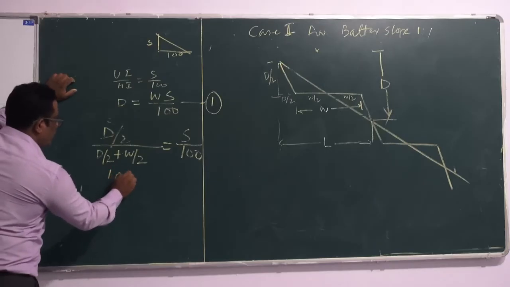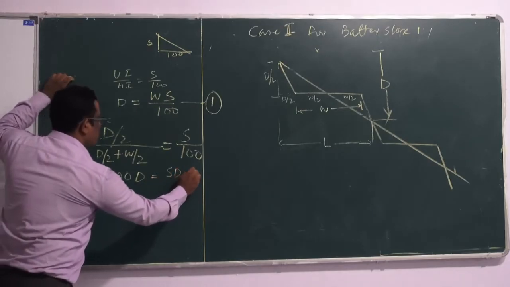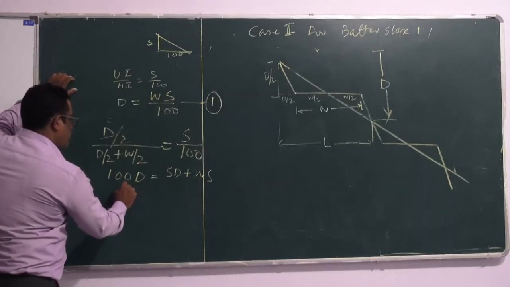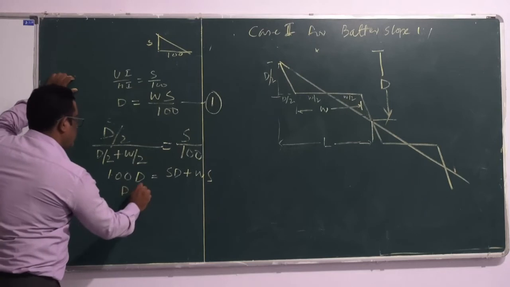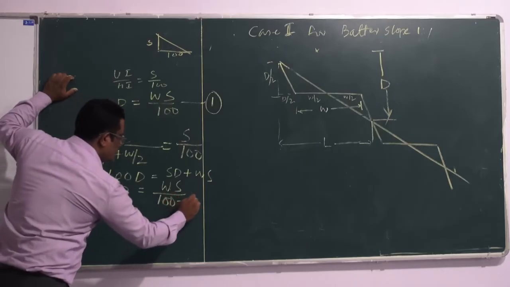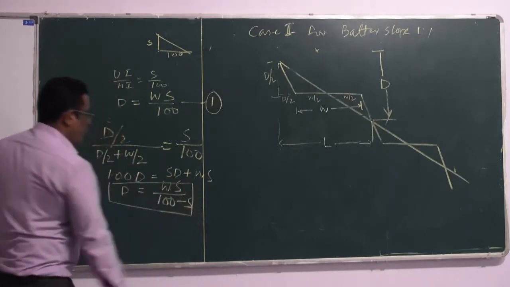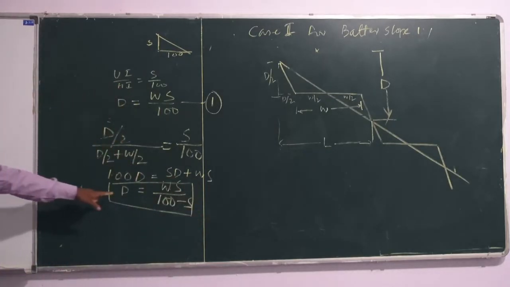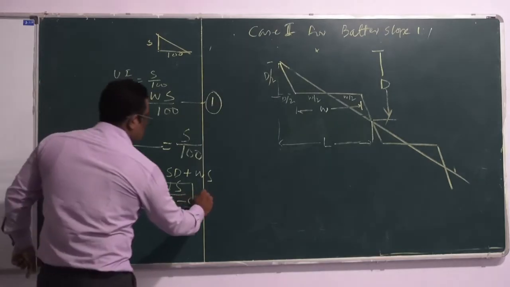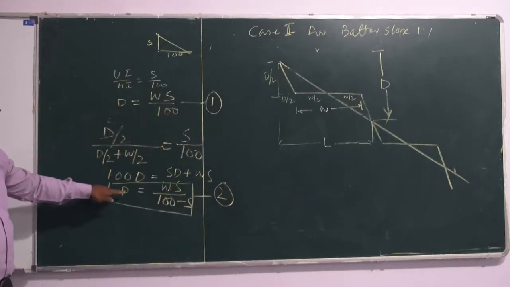Solving this, we can find 100D is equal to SD plus WS, or D is equal to WS by 100 minus S. So, when the riser slope is 1:1, we get the equation D as WS by 100 minus S. So these equations are important.